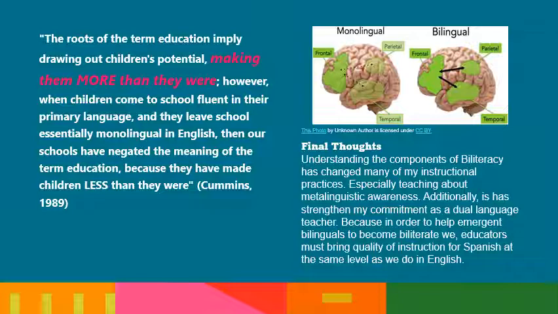research-based ideas on how we can help our emerging bilingual students, as well as providing them with appropriate assessments that actually help them with their biliteracy, not assessments that have a monolingual lens, but a bilingual lens to help them develop their bilingual skills.